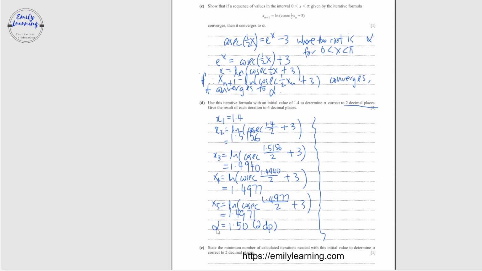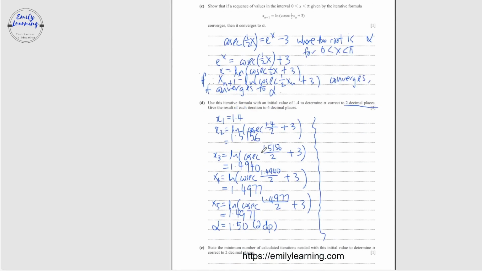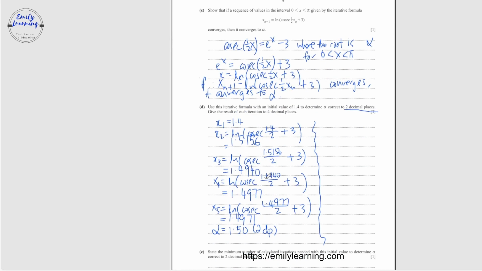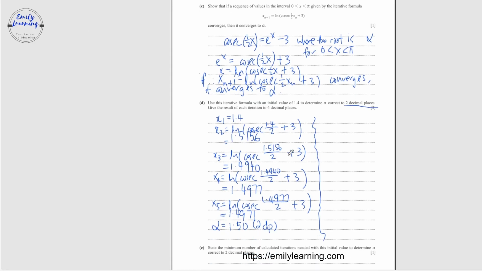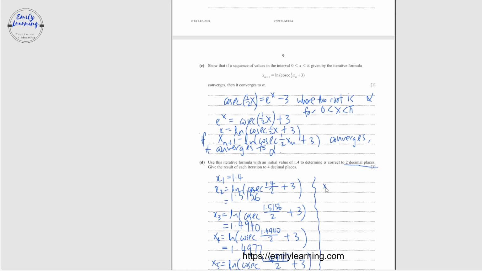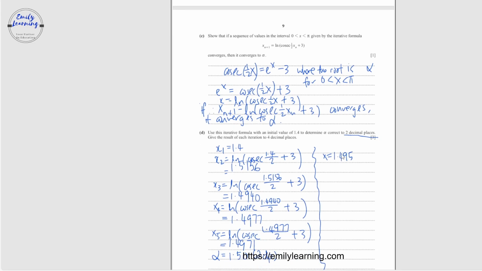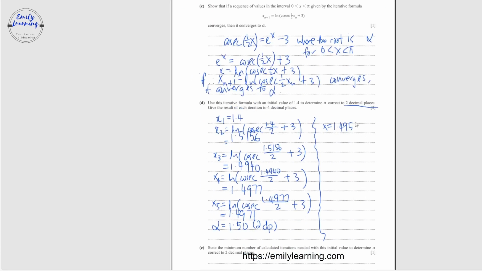Okay, so how do I check that this is the answer? So let's go back. You can sub in x equals 1.495 into f(x).